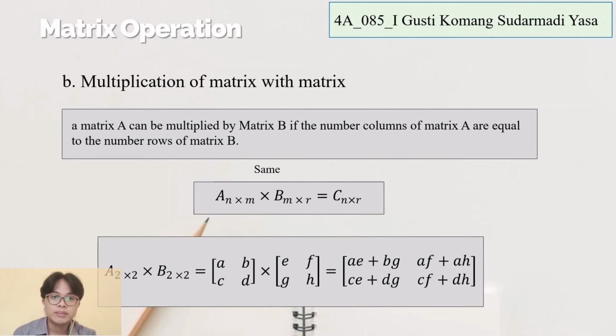The result of A times B is a matrix with elements ae plus bg, af plus bh, ce plus dg, and cf plus dh.